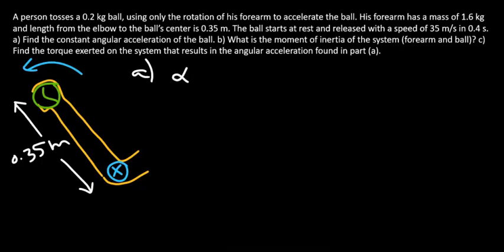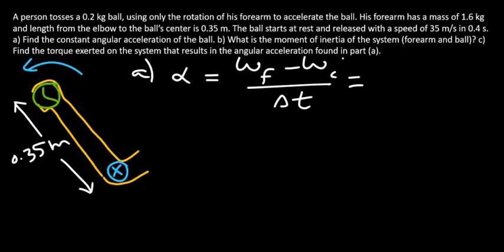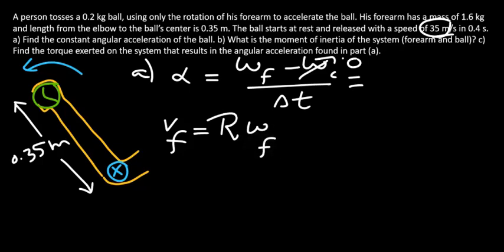From the definition of angular acceleration, we have the final angular speed minus the initial angular speed over the time interval. Now we know it is starting from rest, so that is 0, with a speed of 35 meters per second in 0.4 seconds. Now this is a tangential speed. So the tangential final speed is given by the radius of that circular movement times the final angular speed.